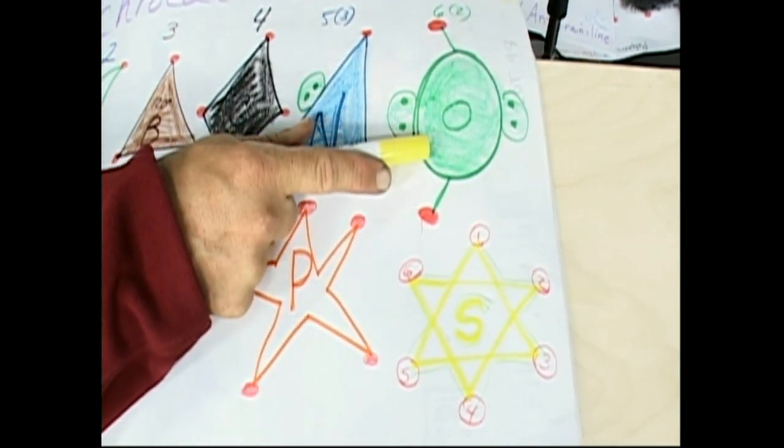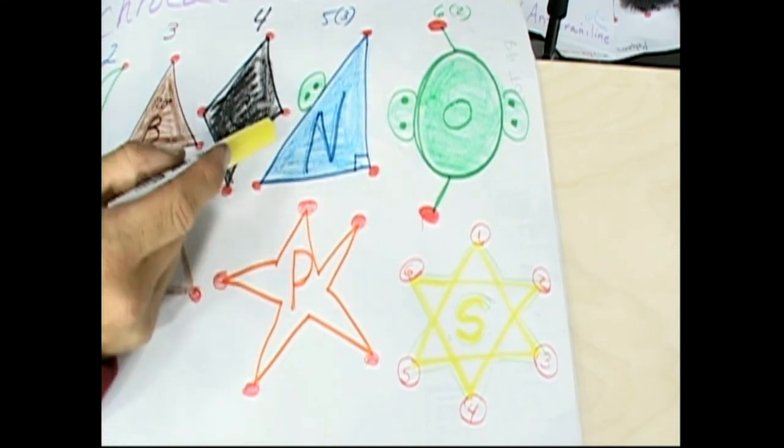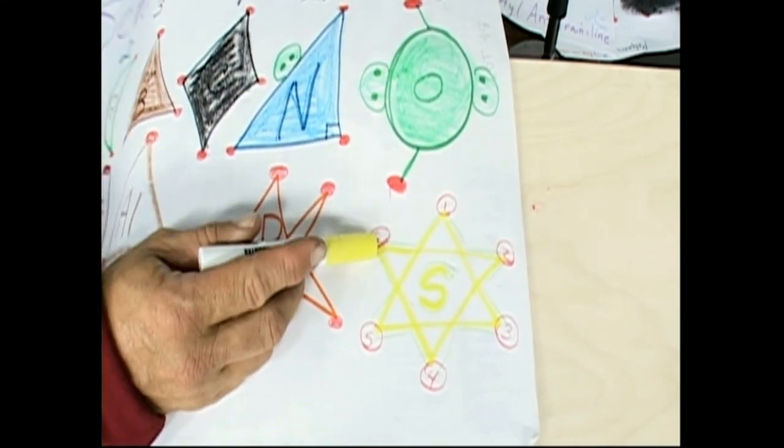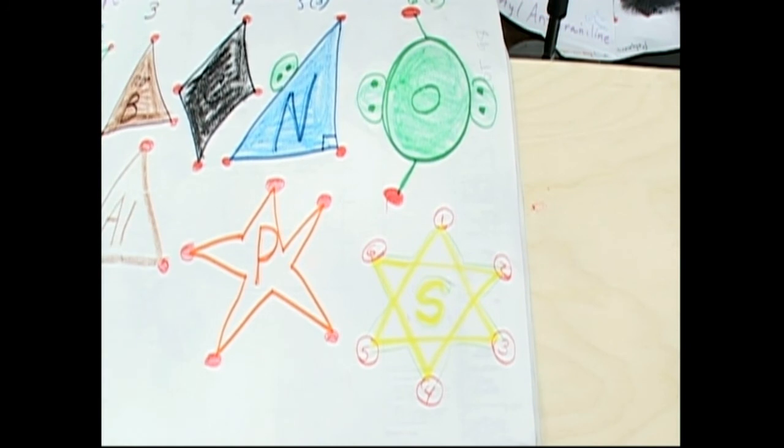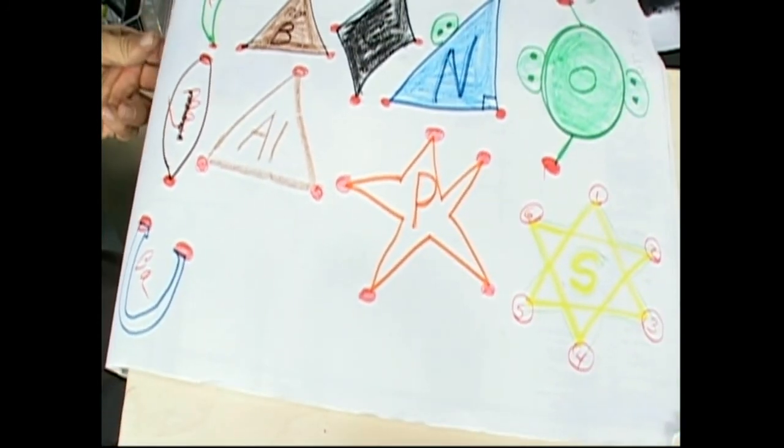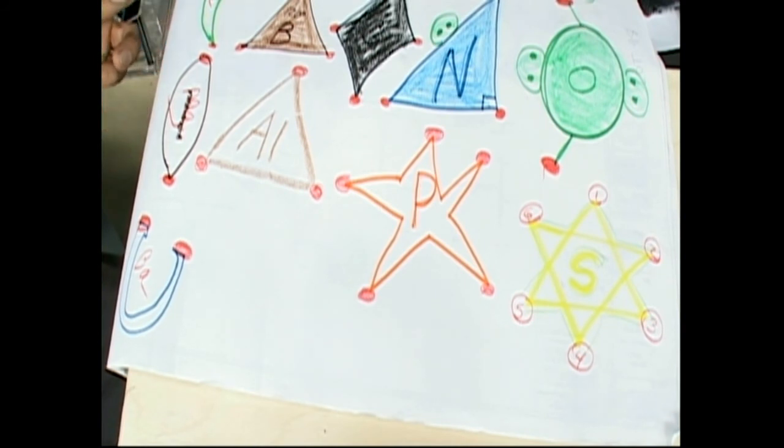Oxygen, 2 bonds, 2 lone pairs. Sulfur could do the same thing, but it gets the equivalent of 6 bonds around here. Then what we do for the halogens is a square.